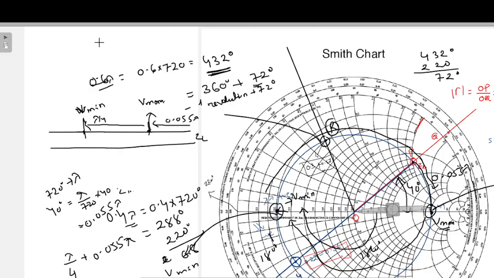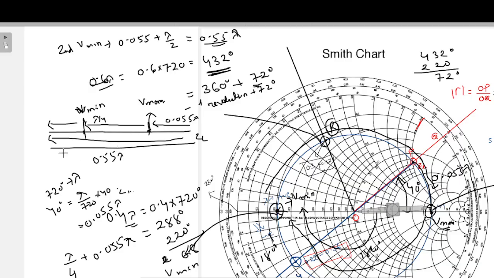So the second V minimum will come at 0.055 plus lambda by 2, that is 0.5, so it is 0.55 lambda. So we have two voltage minimum points here.